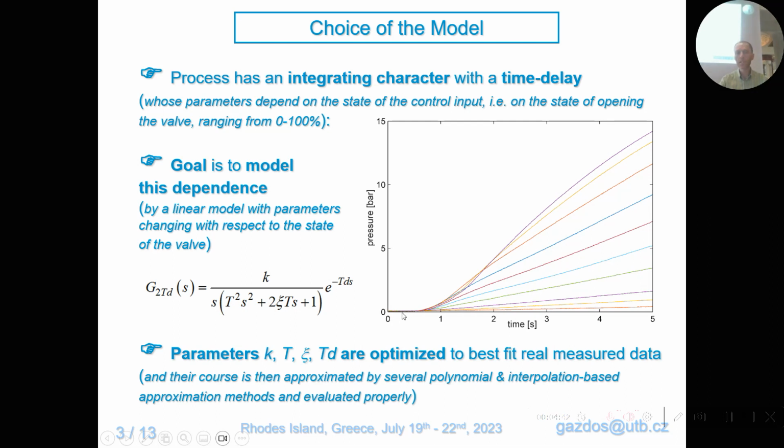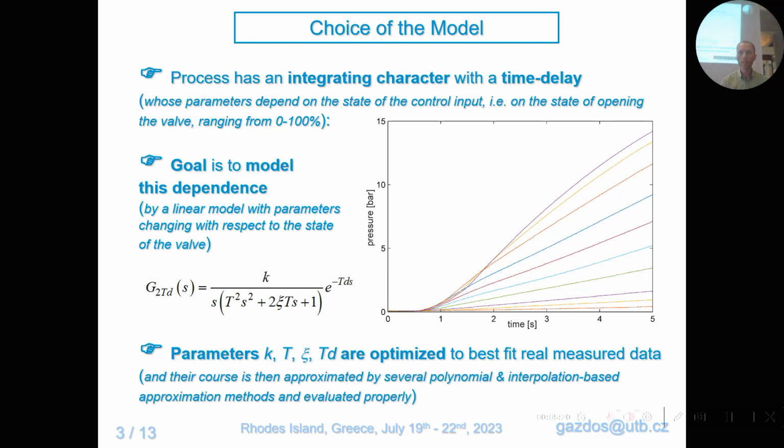The process has time delay from 0 to approximately one second, depending on the operating condition, and with some other parameters like time constant, damping ratio. The goal was to approximate these curves, to optimize these parameters for every single curve to get the variation of these parameters depending on the state of the control valve.